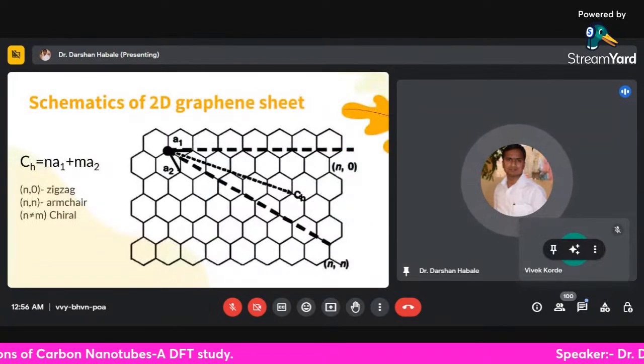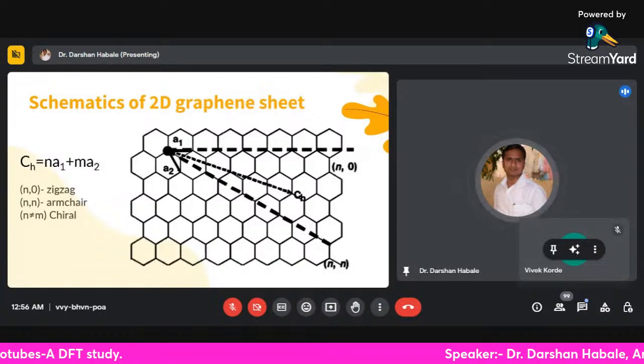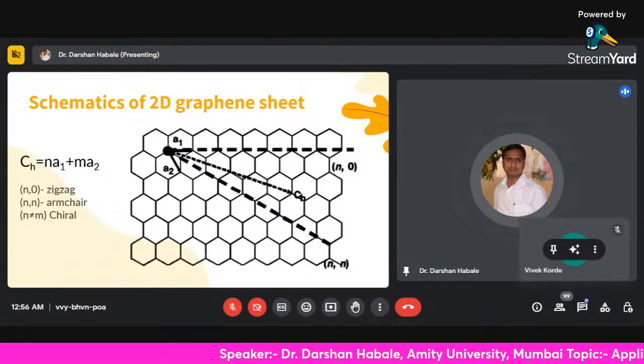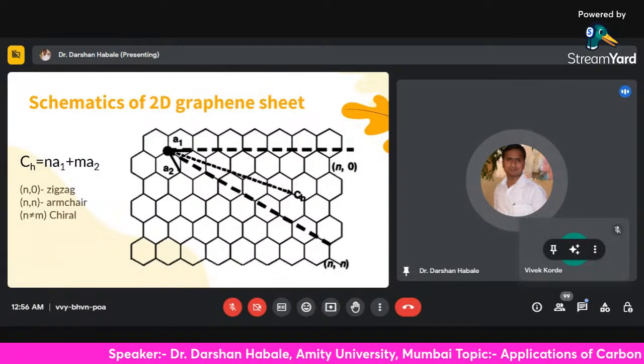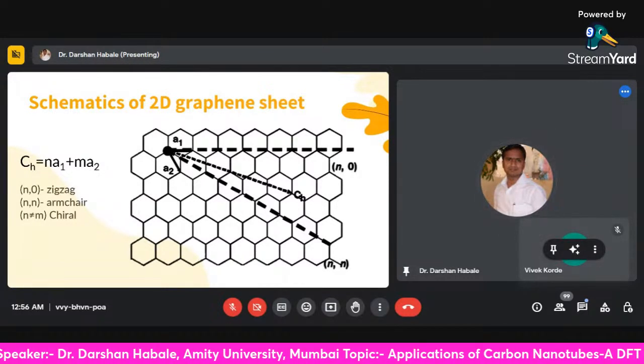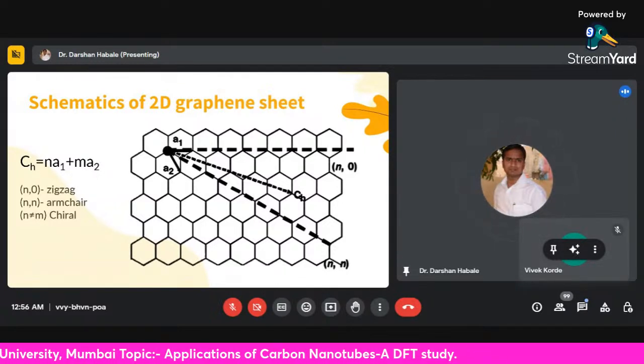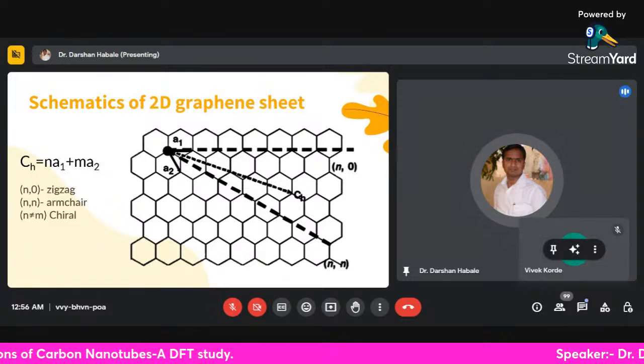Let's try to understand the structure of carbon nanotube. Okay. So here you can see the schematic of a two-dimensional image of a graphene sheet. It is just like a honeycomb structure, and we can use this image to understand the carbon nanotube structure.